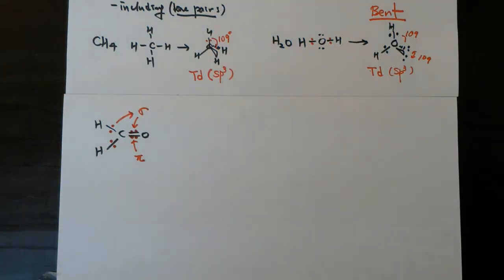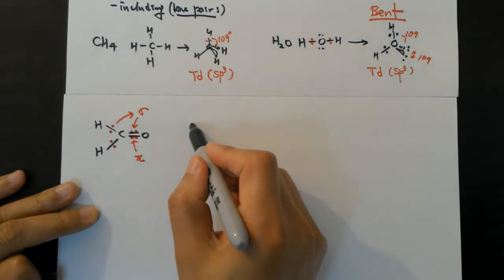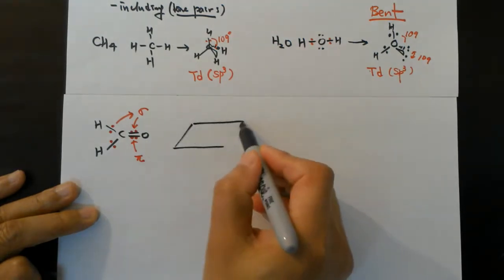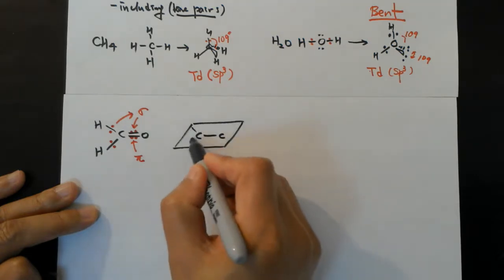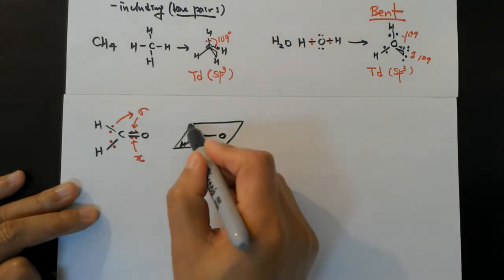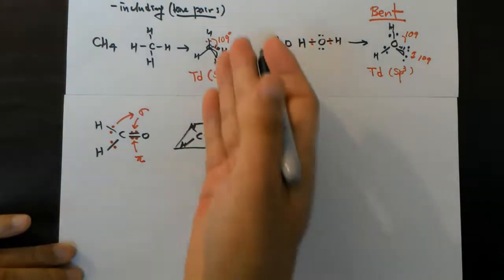The molecule with the pi bond has a flat shape. I think you learned from general chemistry that the molecule is shaped like a piece of paper, unlike the tetrahedral shape.